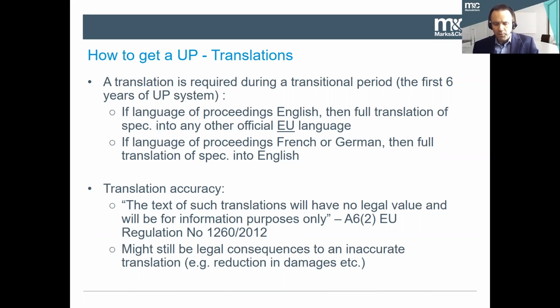That wouldn't help them in terms of the findings of the court. They still have to comply with the original text of the patent, but when it comes to damages, they may well be reduced by the court because of this argument that the translation was bad. So it's a balancing act that we have to meet here.